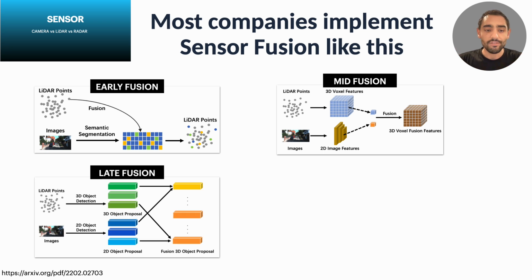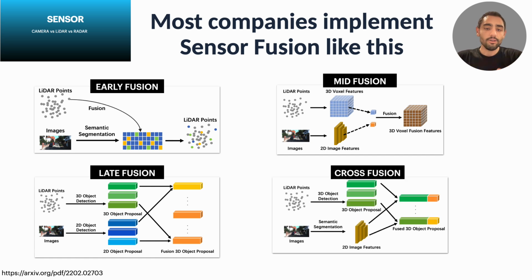Or it could be late fusion with some kind of objects being fused, the 3D bounding boxes that you would fuse. And you also have this type of cross fusion, which I talked about with my community last month, which is more about fusing, for example, early fusion with late fusion, or maybe mid fusion with late fusion, doing some kind of fusion early on, then later, etc., and fusing that.